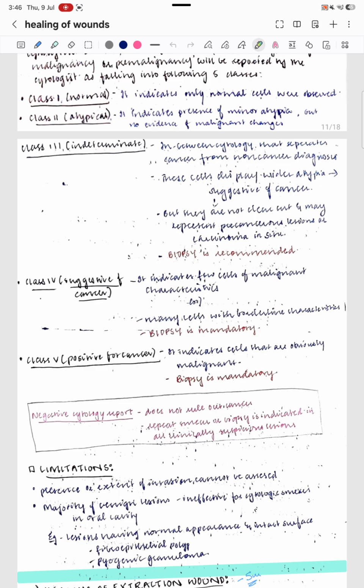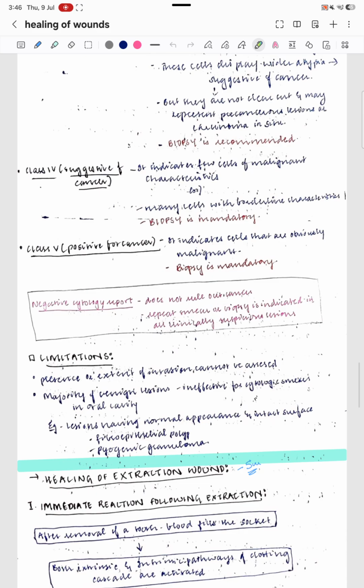So if a cytological report says that it is coming under class 3, that means they are precancerous. Then next is class 4, that is malignancy, and many cells show borderline characteristics. Here you have to do a biopsy also to confirm, and if it is class 5, then it is definitely malignant.